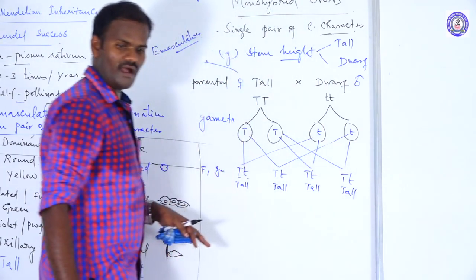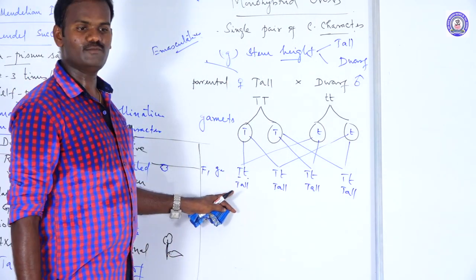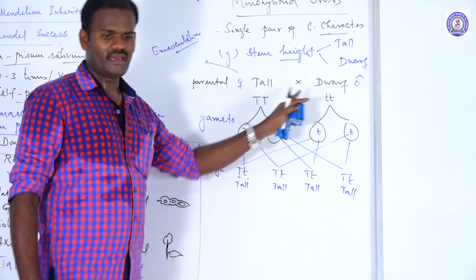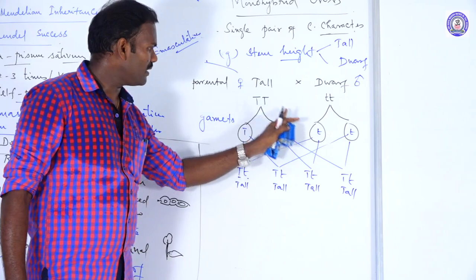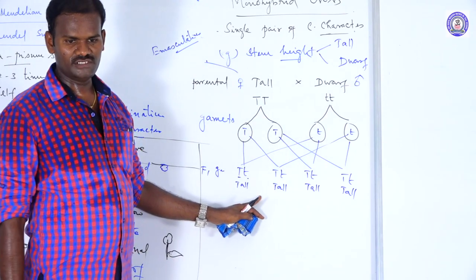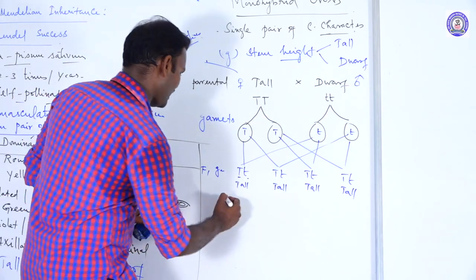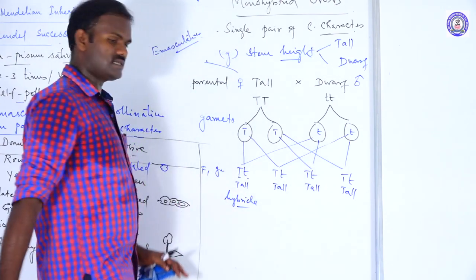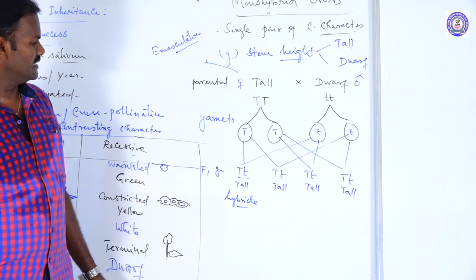Mendel observed only tall plant characters. Among the two parental characters, only one is expressed in the F1 generation. These are called hybrids, formed by the process of hybridization, in the first filial generation.